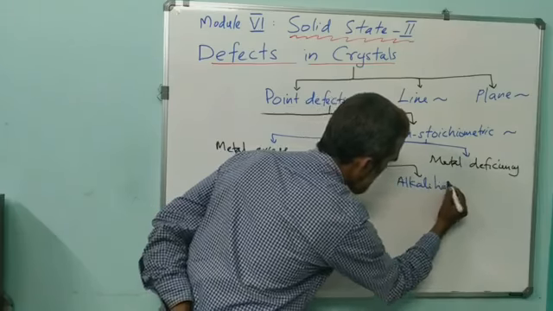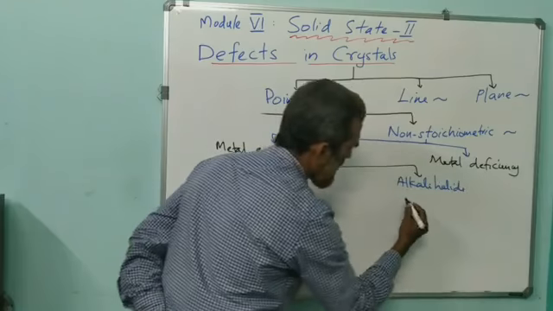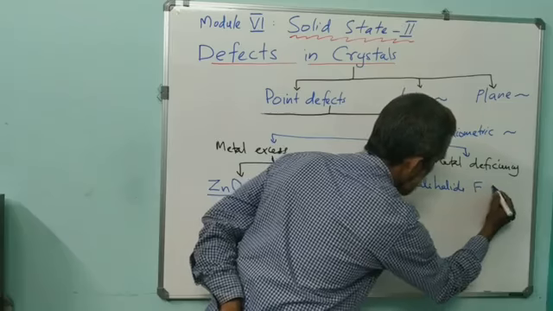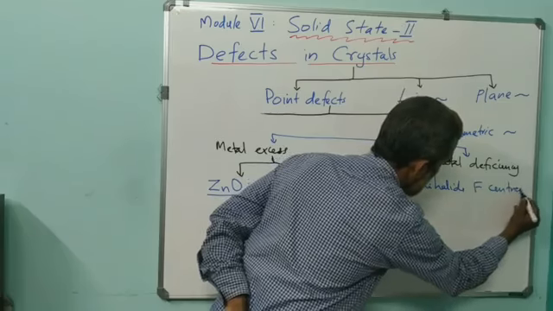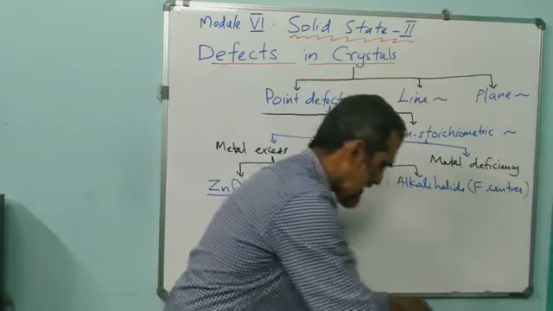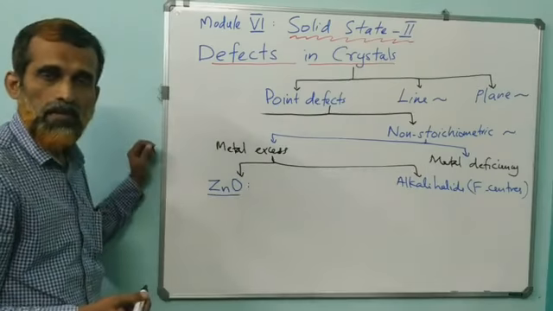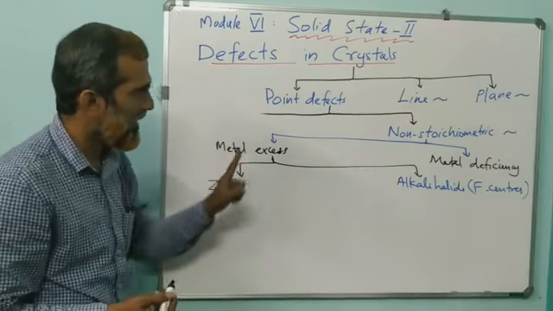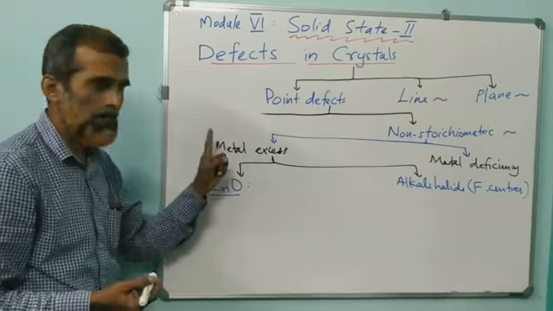Alkali halides are showing a kind of defect which results in what are called F centers. You will see that. Let's first consider the non-stoichiometric defect in zinc oxide, the metal excess defect.